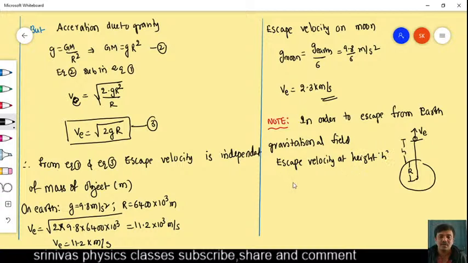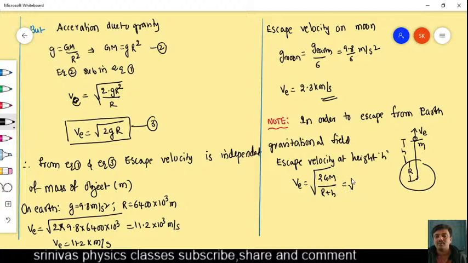Very simple. On the surface we took surface distance, that is under root 2GM by R, but here it is R plus h. At height h we have to take the distance at height h, that's all.